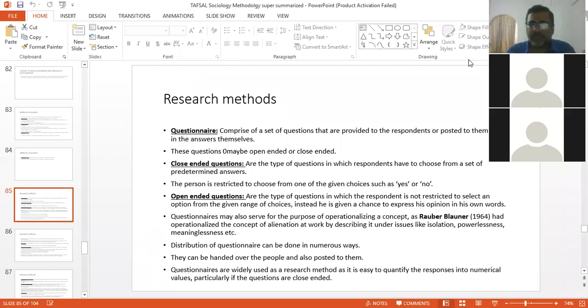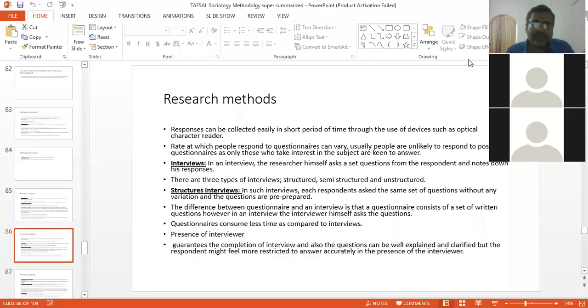He can express his opinions, he can express his biases, he can express whatever he wants to in his answers. So those are open-ended. So questionnaires are definitely a widely used tool, and it comes in handy.